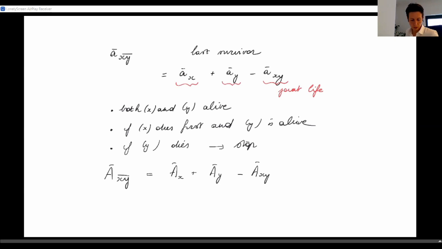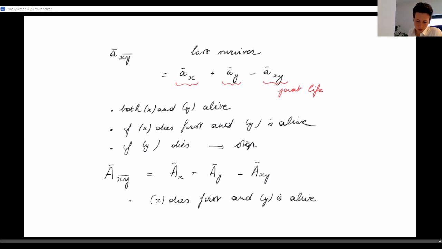If I look at what's going to happen here, this will pay me an income of 1 at the moment of the second death, so the moment of the last survivor's death, right? So let's assume that, for instance, X dies first, and Y is then alive, so Y goes on.